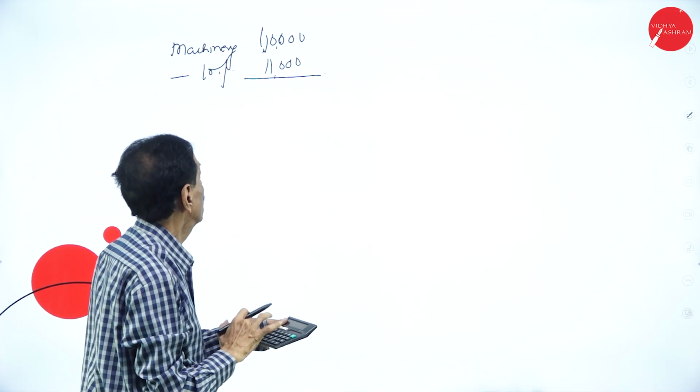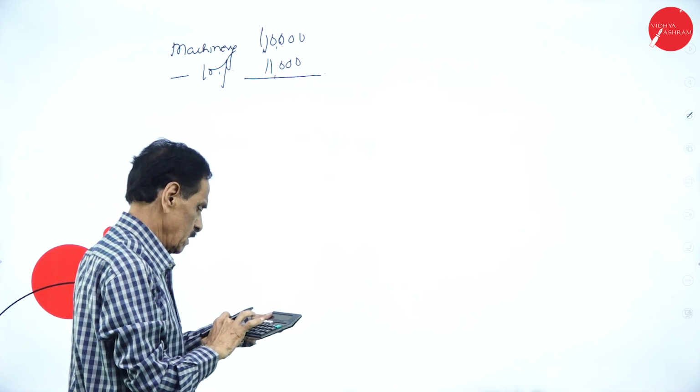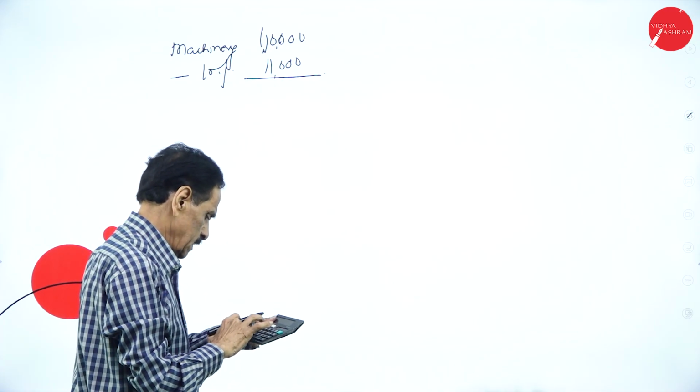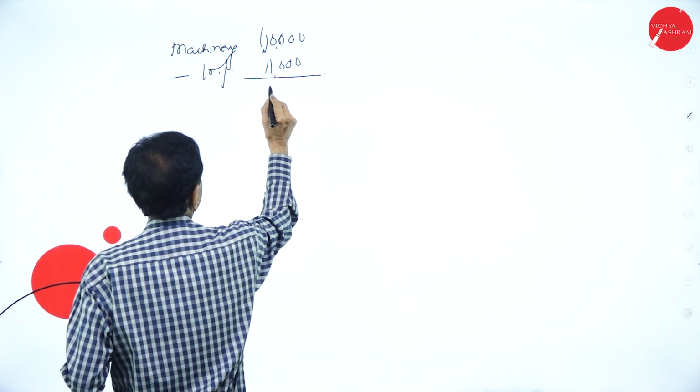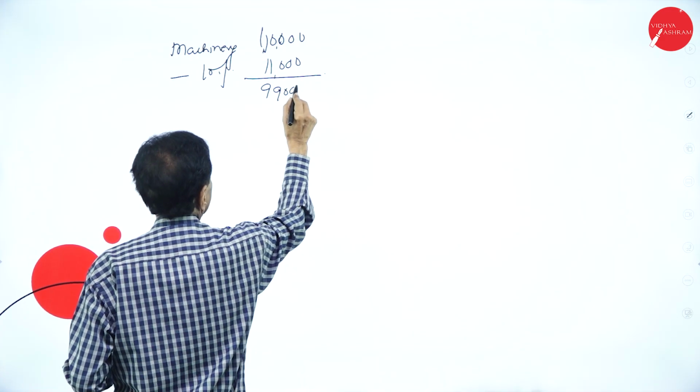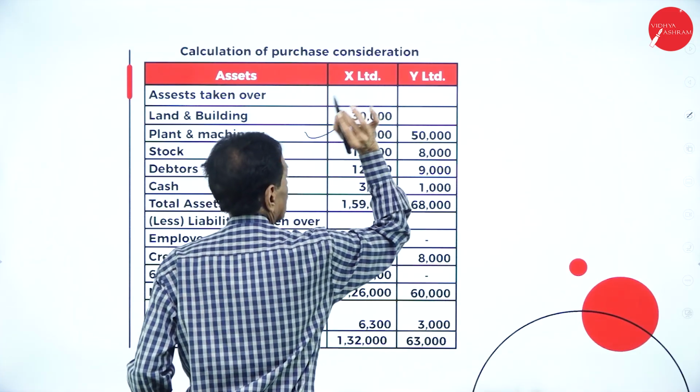Deduct: 1,10,000 minus 11,000 is 99,000. This is the value.